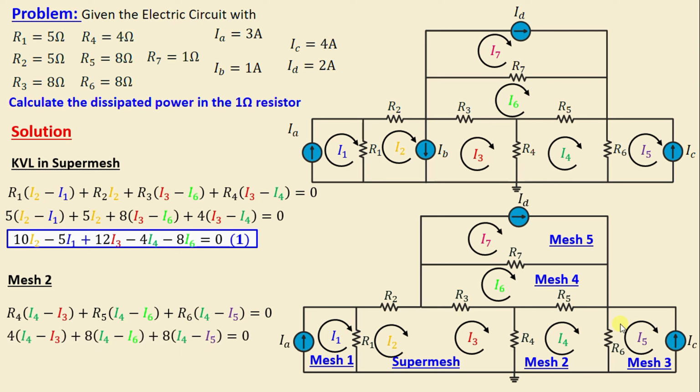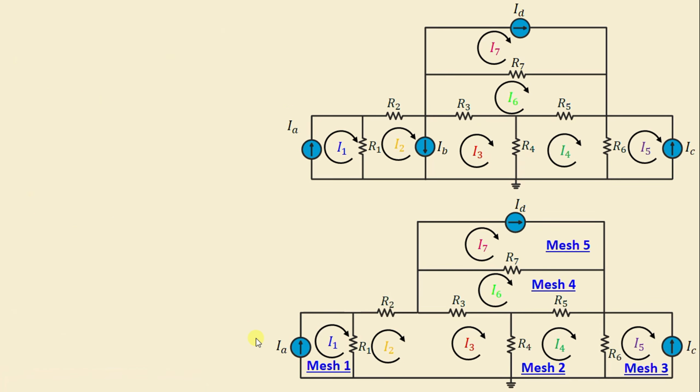By replacing the resistors with their numerical values, we obtain 4(I4 minus I3) plus 8(I4 minus I6) plus 8(I4 minus I5) is equal to 0. If we continue simplifying this equation, we obtain 20I4 minus 4I3 minus 8I6 minus 8I5 is equal to 0. And I will call this equation number 2.